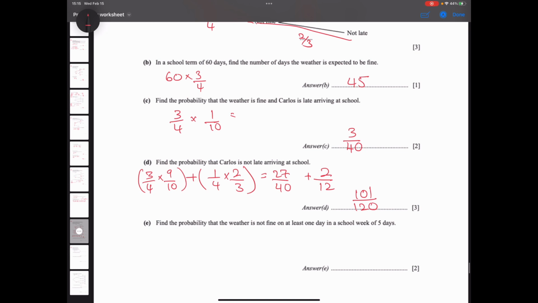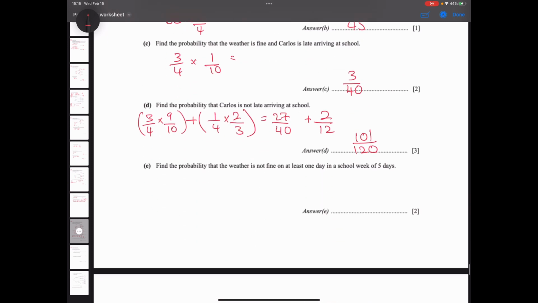Find the probability that the weather is not fine on at least one day in a school week of 5 days. At least one day which is not fine. So I'm going to say let it be fine for 5 days. Fine is 3 over 4.